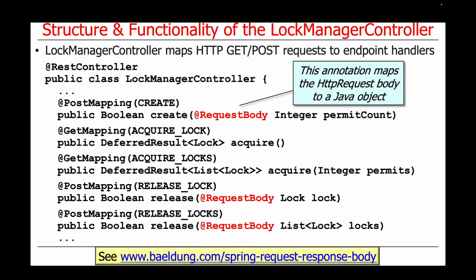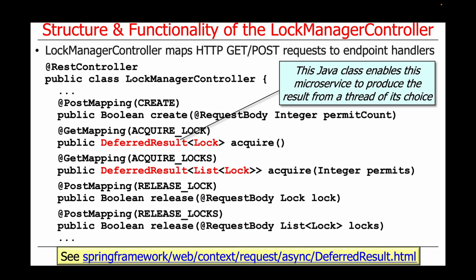And then we also have some annotations here where we're going to instruct Spring to take the incoming HTTP request body and map it to the corresponding Java object, such as an integer or a lock or a list of locks, as the case may be.